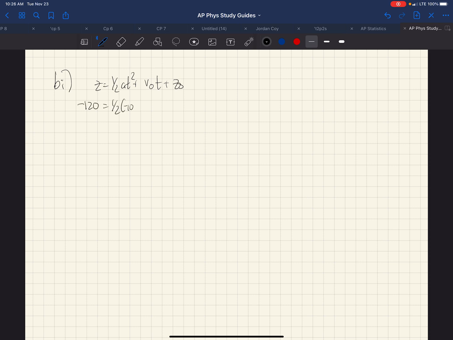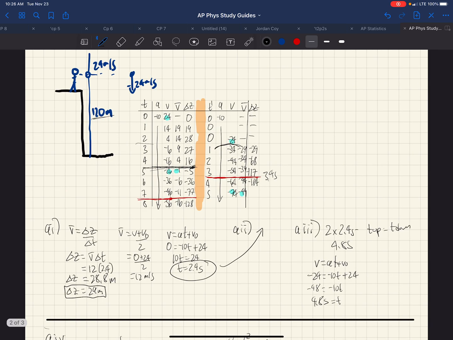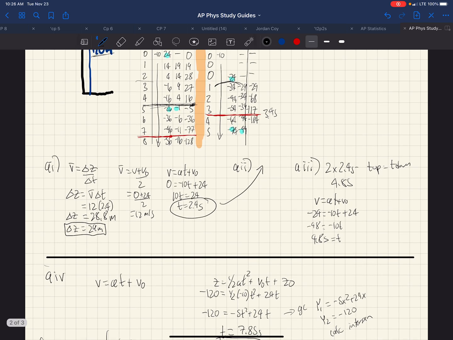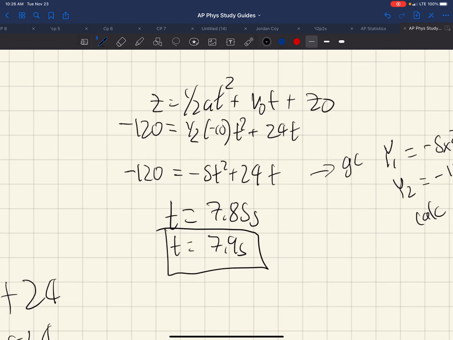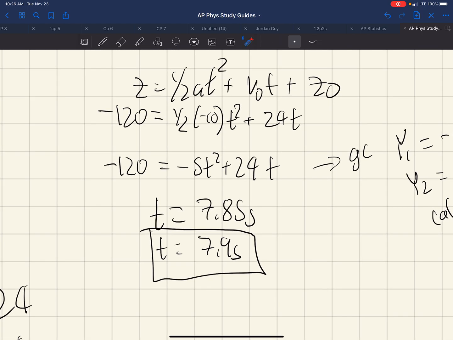The acceleration is minus 10. We're looking for the time. The velocity is minus 24, and the starting position is 0. So we have minus 120 is minus 5t squared minus 24t, which you will notice looks exactly the same as our other equation here, except that this sign is different.